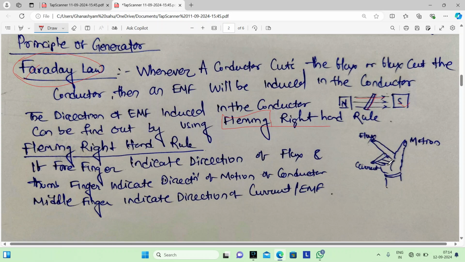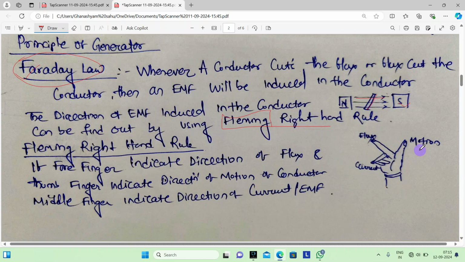In Fleming's right hand rule, in the right hand we place the thumb, forefinger and middle finger at 90 degrees to each other. The forefinger indicates flux, the thumb indicates motion of the conductor, and the middle finger indicates current or EMF.